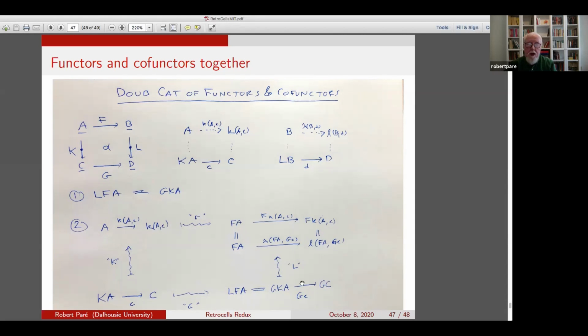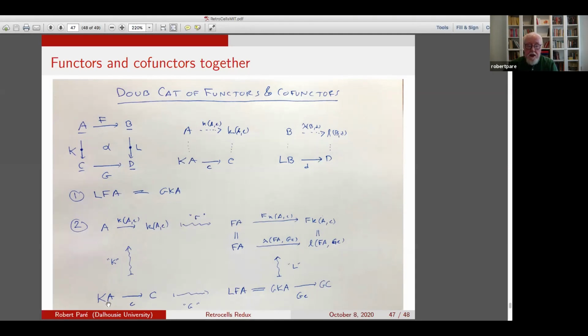Okay, and so just quickly here, these are categories A, B, C, and D. F and G are functors. K and L are cofunctors, so they have these lifting properties here. And a cell, alpha here, well, there's at most one, and there's one precisely when, first of all, F and L and K and G commute on objects, okay?